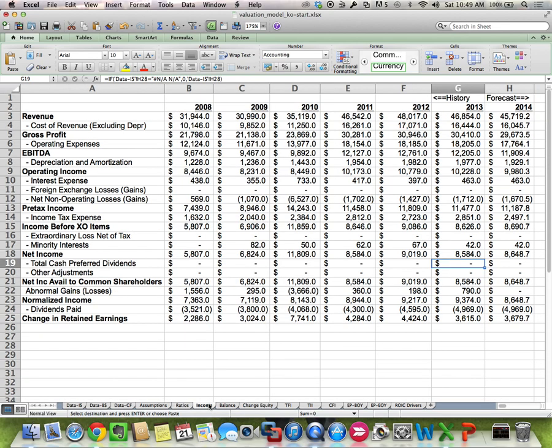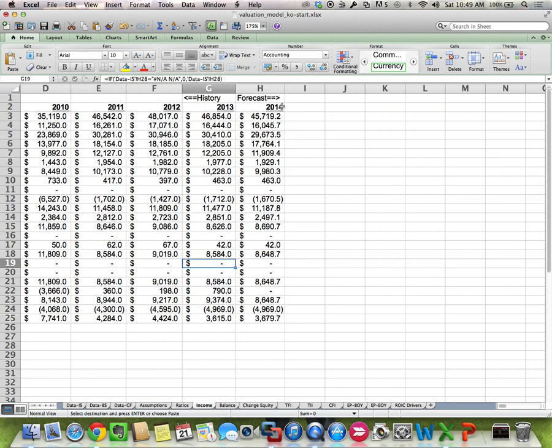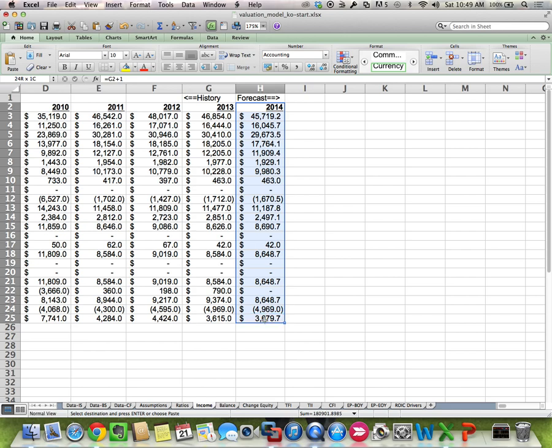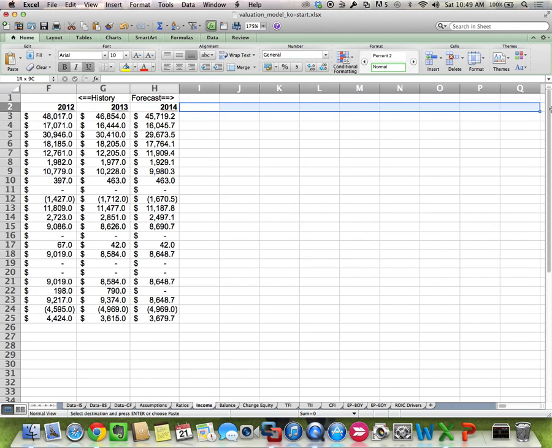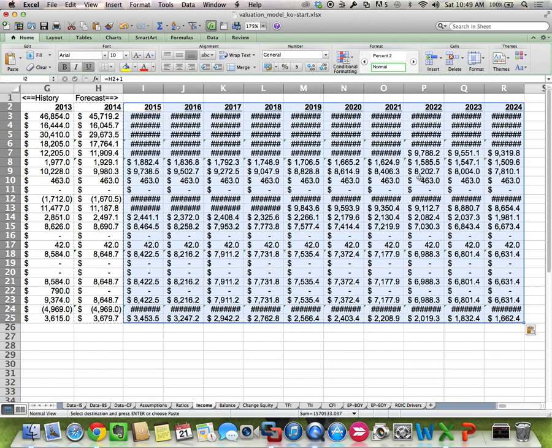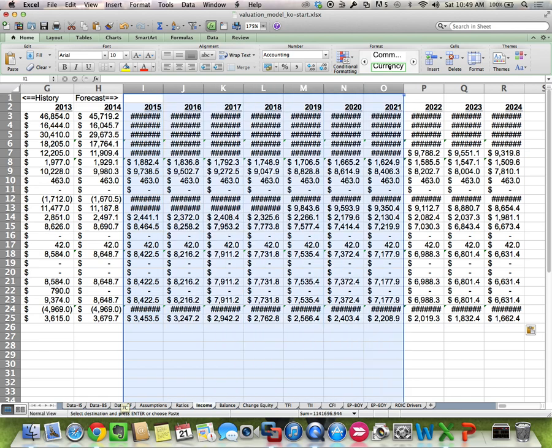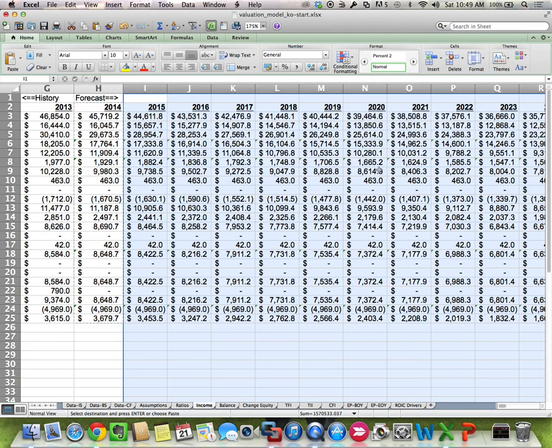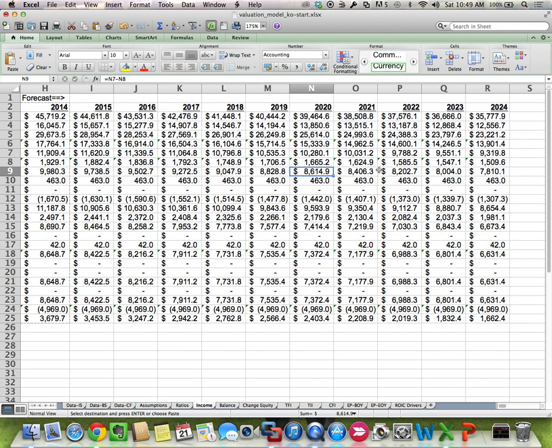I come to my income tab, I take 2014, I copy column H, and I go to column, I think it was R, which is 2024. These symbols mean there's not enough column space, so I select all the columns and move it a little bit to make it bigger. But what I have now quickly done is forecasted the income statement through 2024.